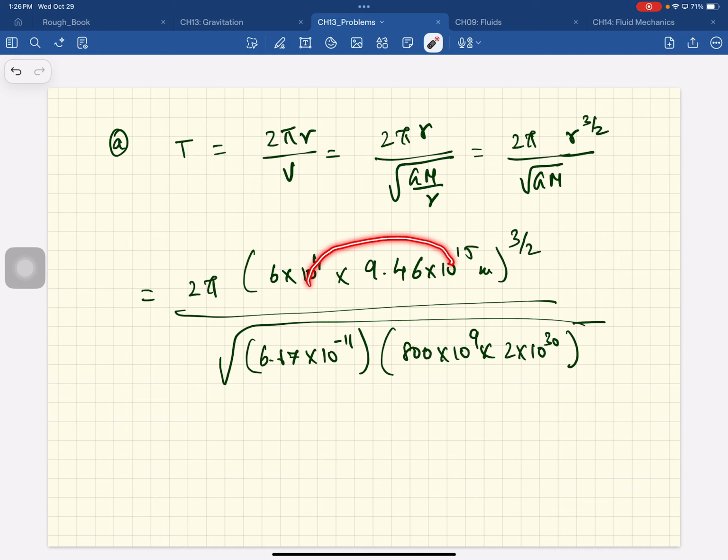Well, I'll make it 10 to the 18. 10 to the 18 to the power 3 halves. Square root, 18 to the power half is 9. 9 times 3 is 27. So you have 10 to the 27 there and 10 to the 15 down here, 10 to the 12.